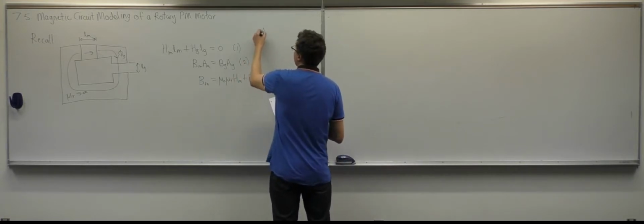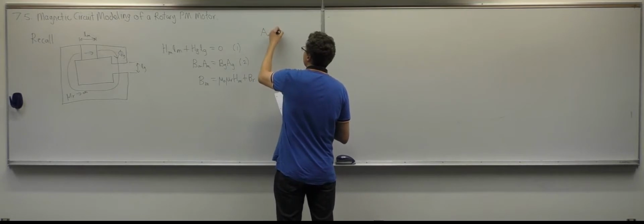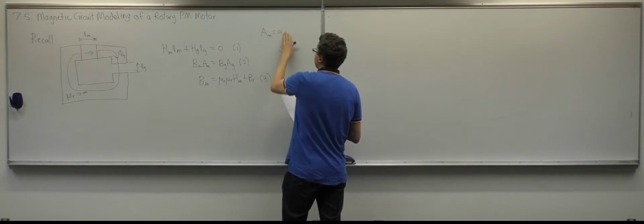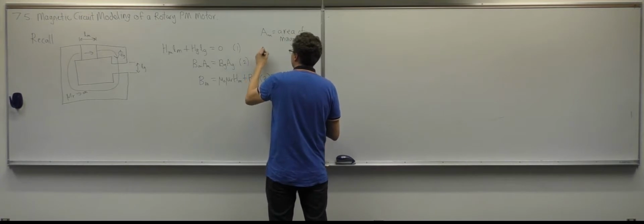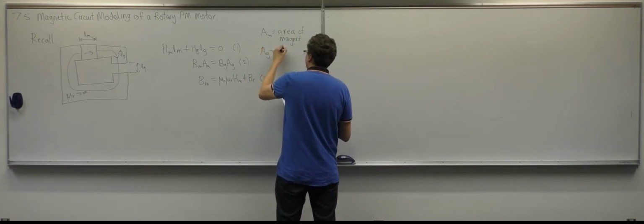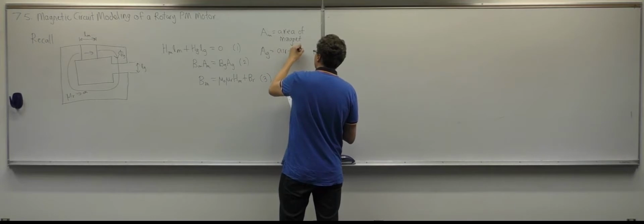So Am is the cross-sectional area of the magnet, and Ag is the air gap area.